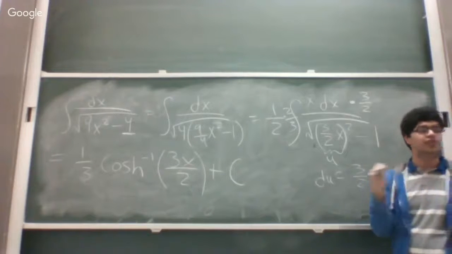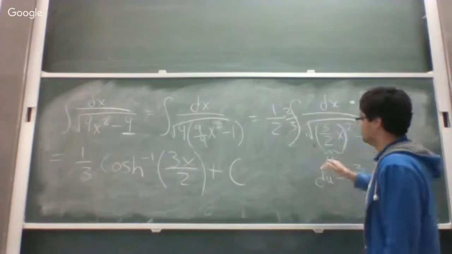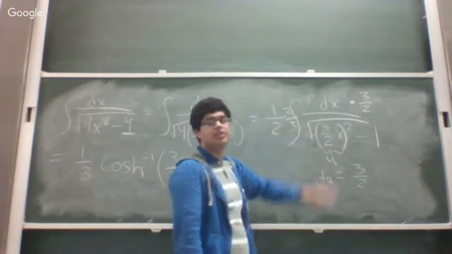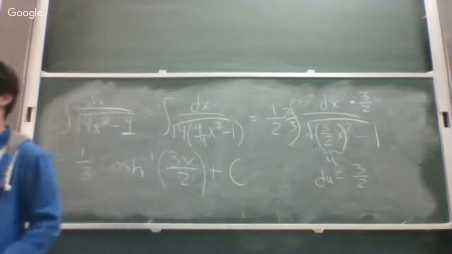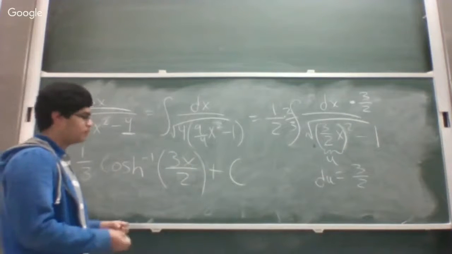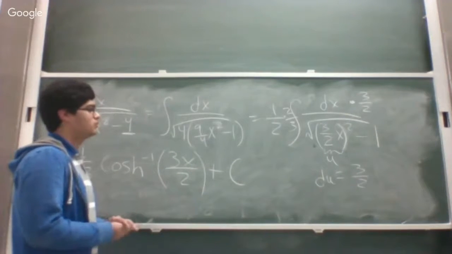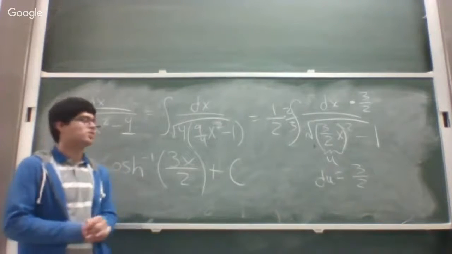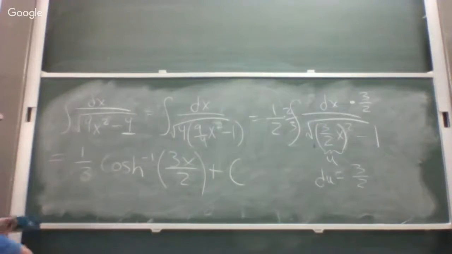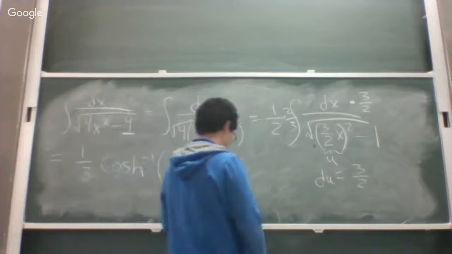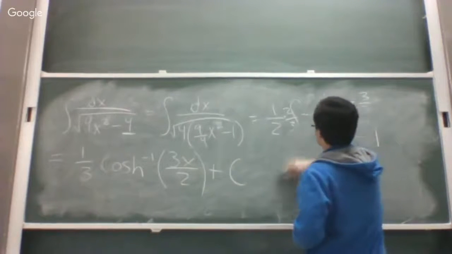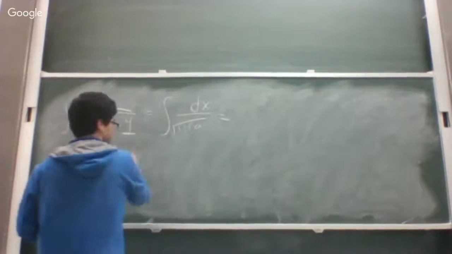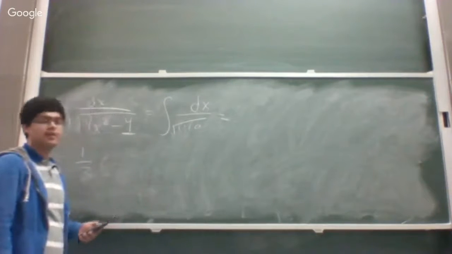So if you see a problem with an x on top like that, don't freak out. Just try to work it out, and if your du needed an x, it was provided. Any other questions? This was again fairly straightforward. So that definition of cosh inverse is going to be given also, right? Yeah.